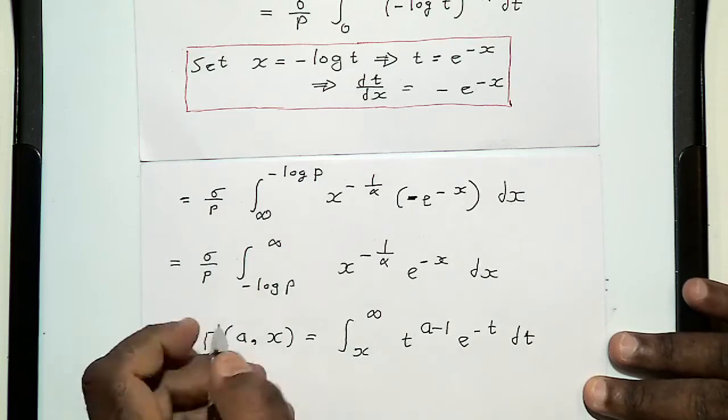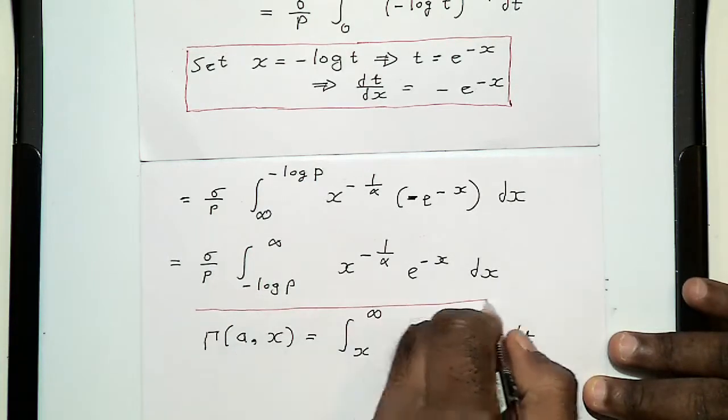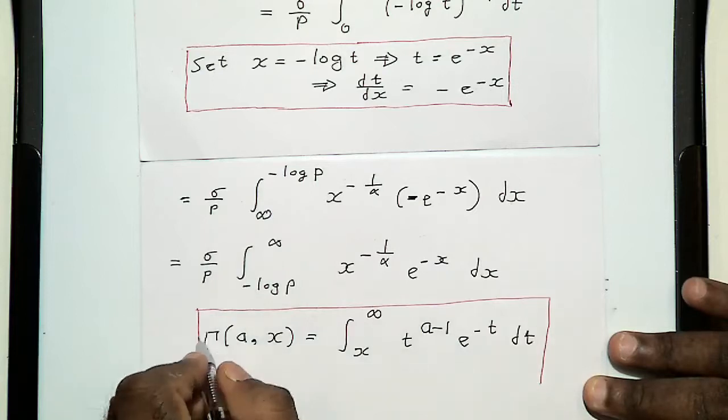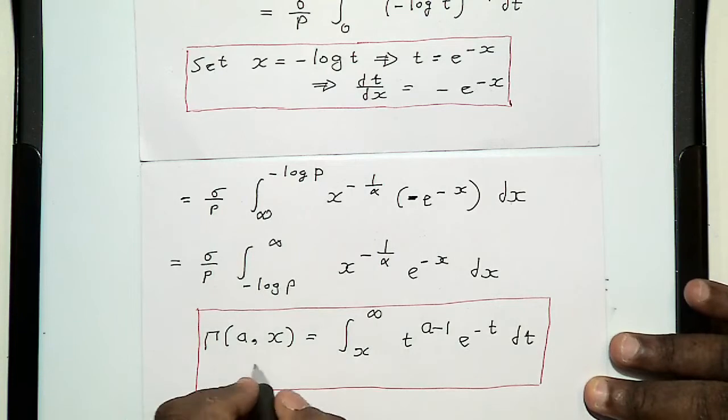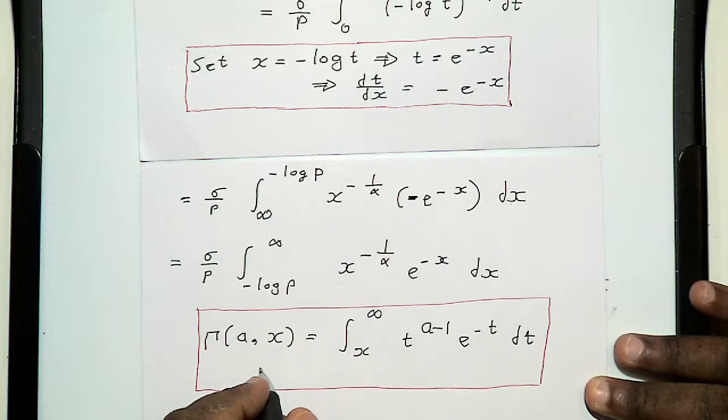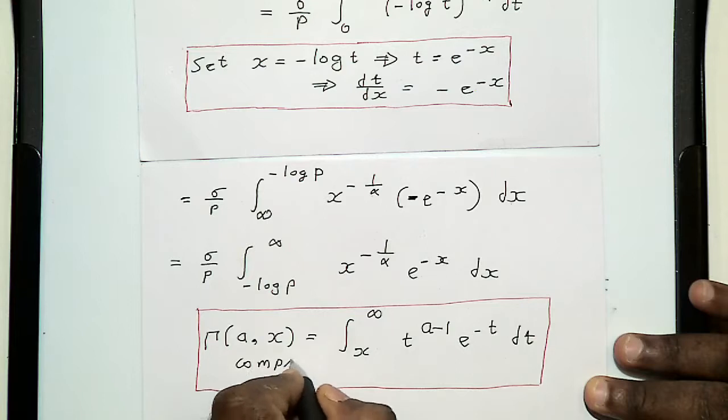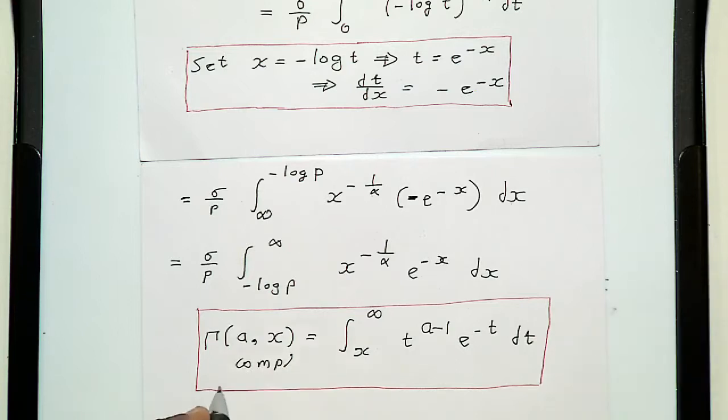There are different names for this function, and some people call it complementary. It doesn't matter what they are called. The fact is, you should be able to use them.